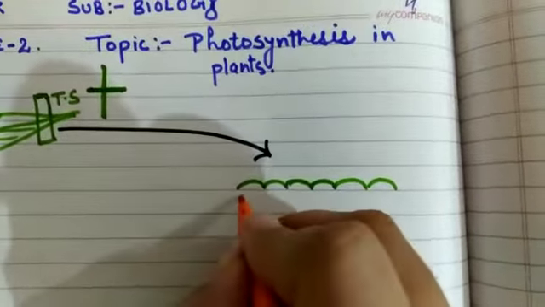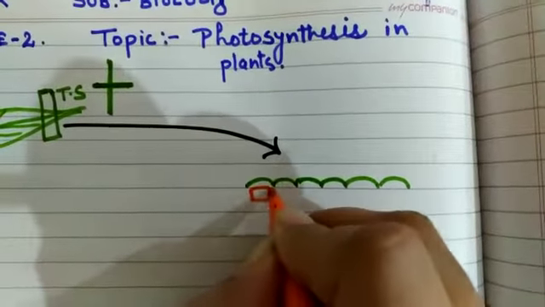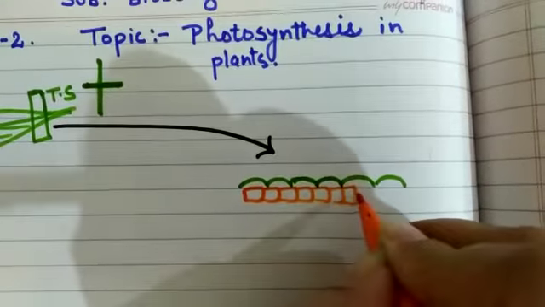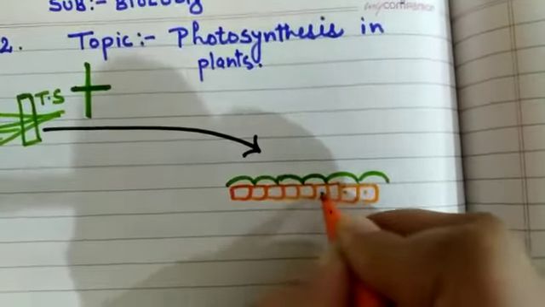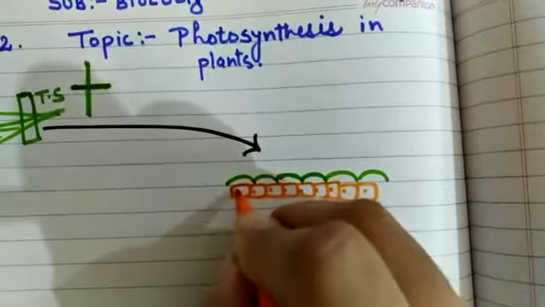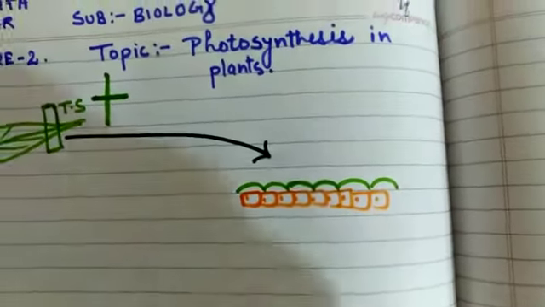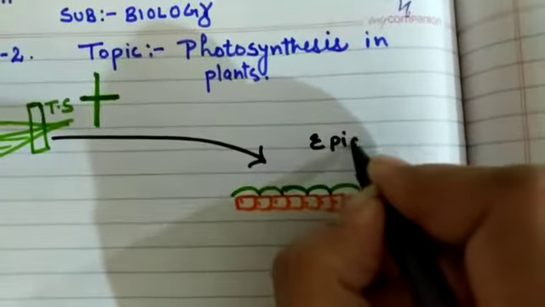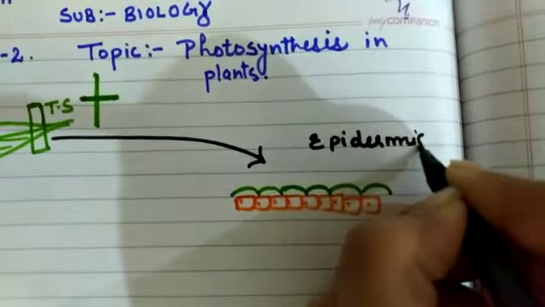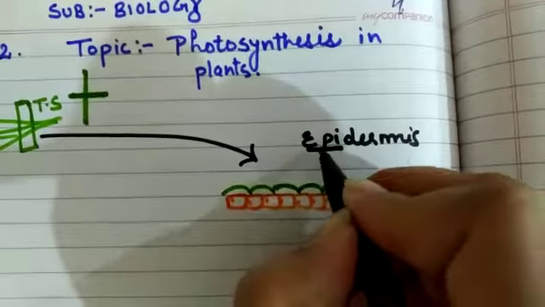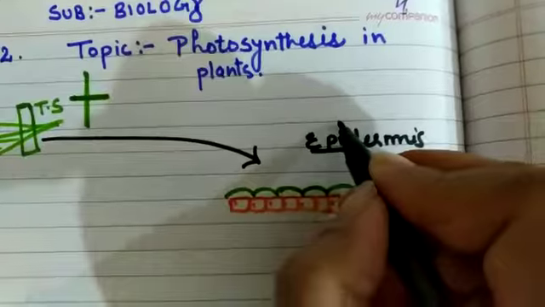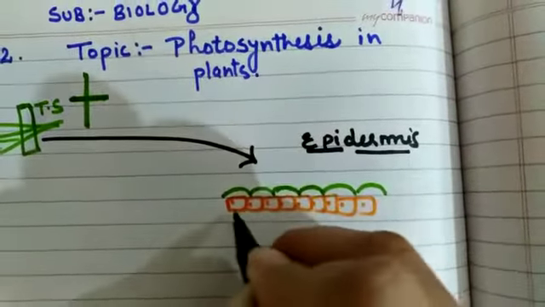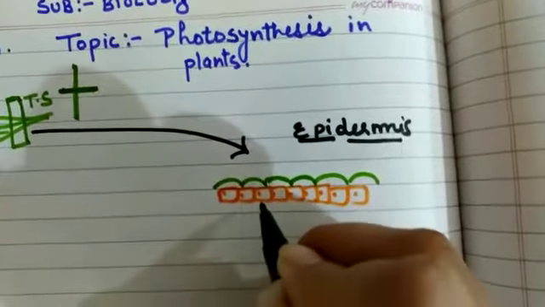Beneath it, there is a layer known as epidermis. Now, what is this epidermis? Epi means outer, and dermis means skin, so it means outer skin. This is the layer known as the upper epidermis.